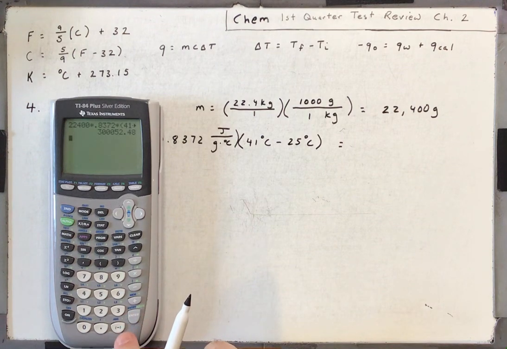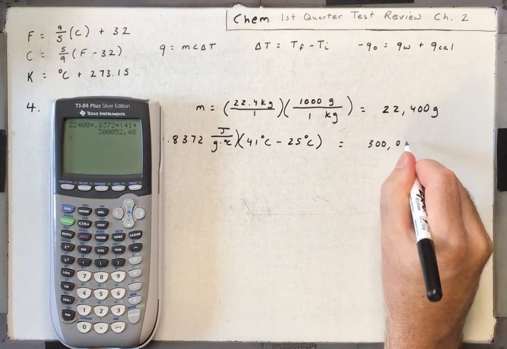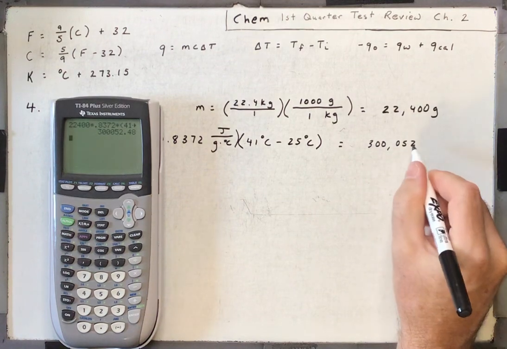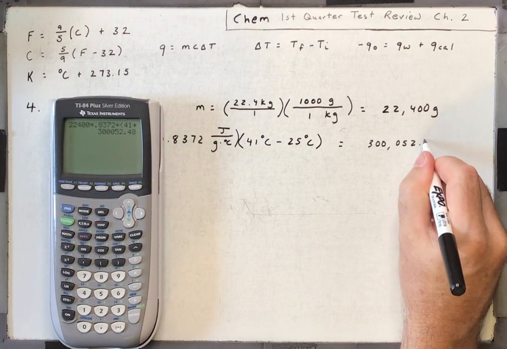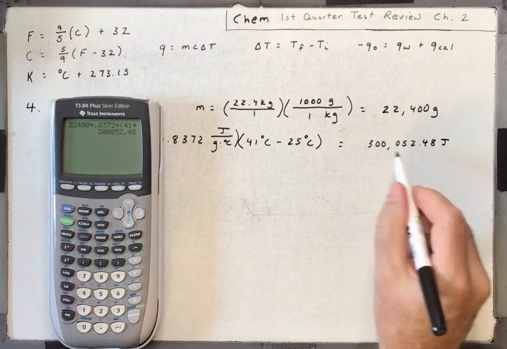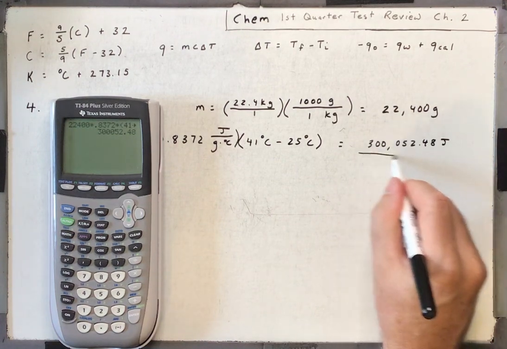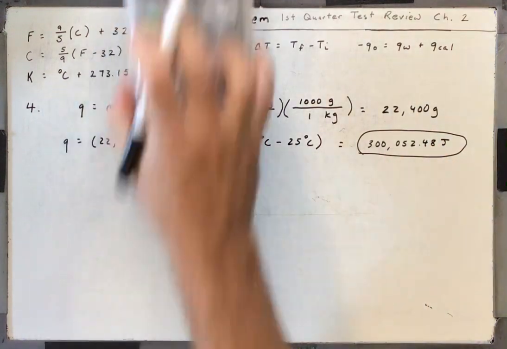All right, that's 300,052, and you could put 0.48 if you want. We'll go ahead and put that. We're not rounding to the appropriate number of significant digits. If it asks you that, then we would have to go through that. We'll just leave it there.